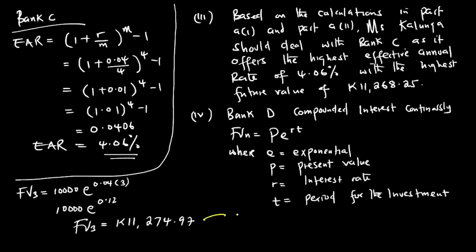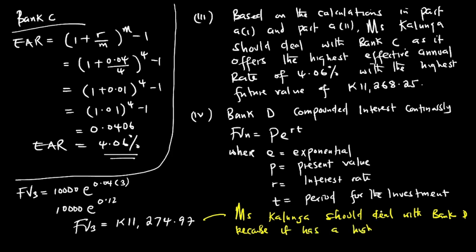So our advice is that Ms. Kalunga should deal with Bank D, because it has the highest return on investment of 11,274.97.